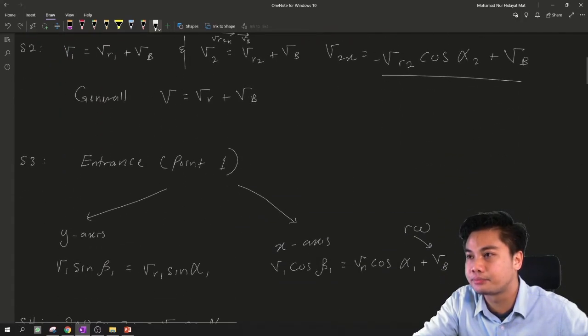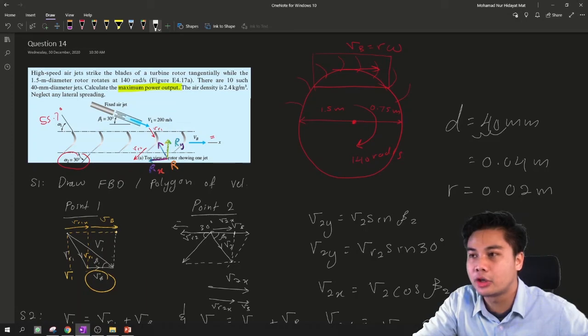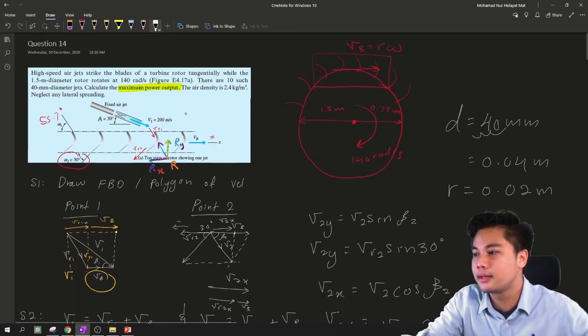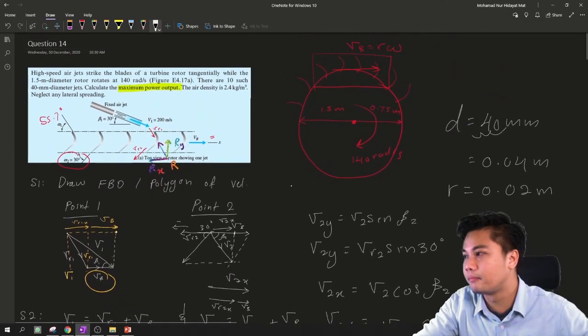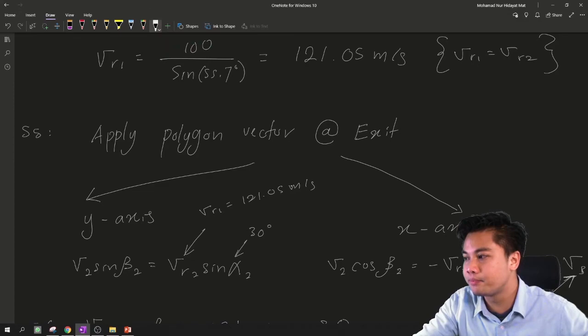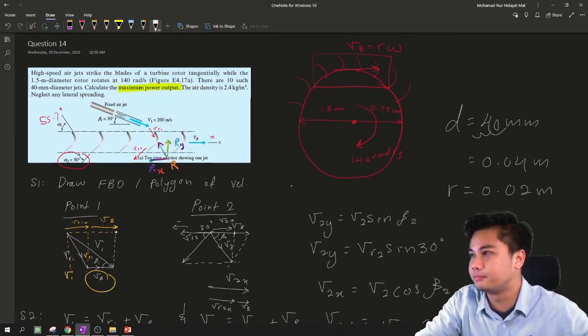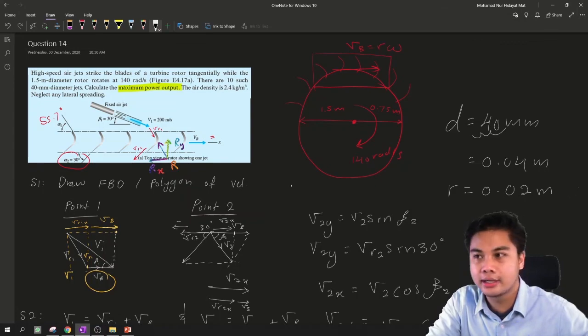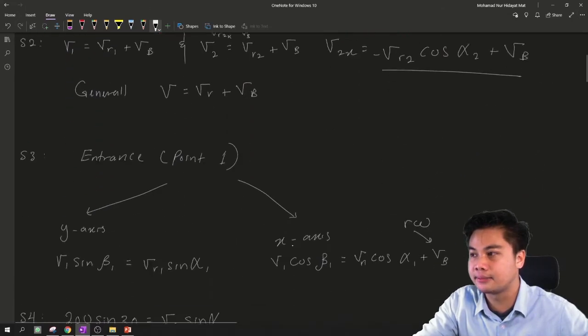VB, we look at here. It is given in terms of radian, so 140 radian per second. In order to get VB, we know that the equation is VB equal to R omega. R is the radius of the rotor, which in this case is 1.5 divided by 2, multiplied with omega, which is 140 radian per second.